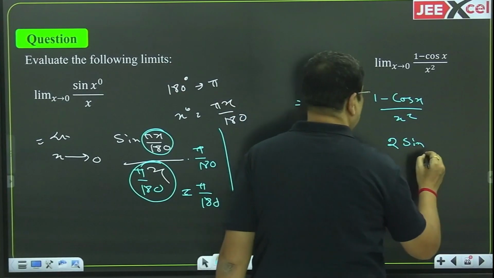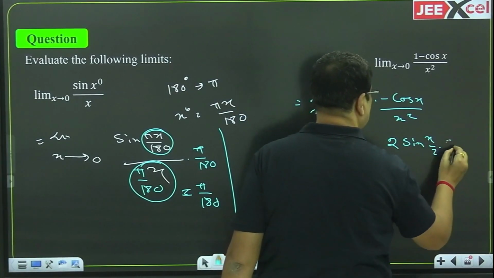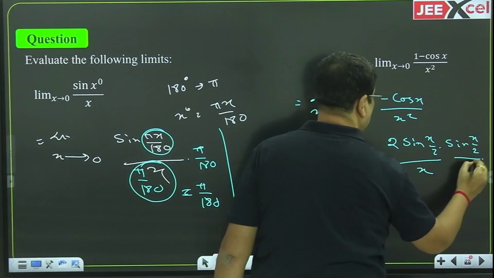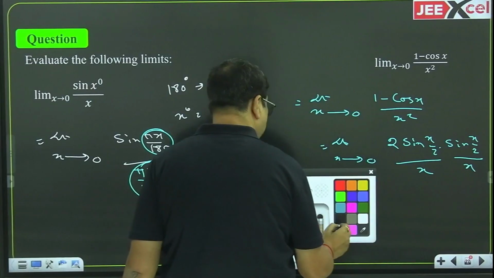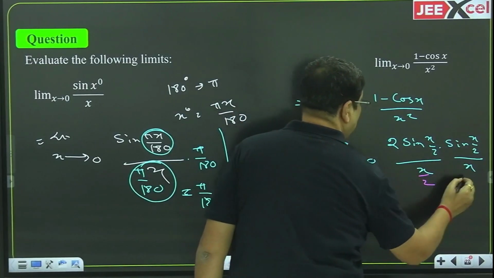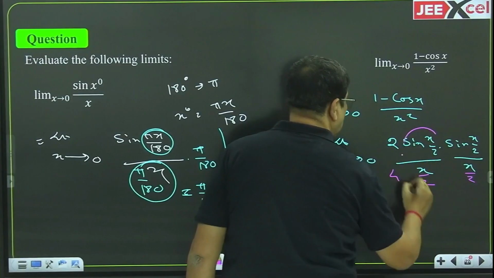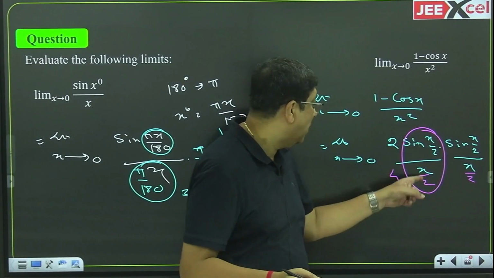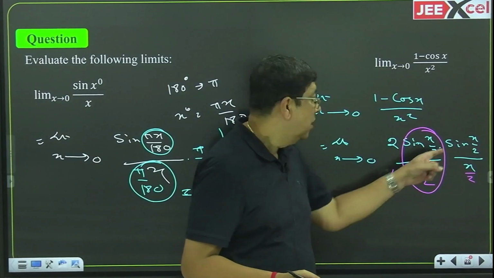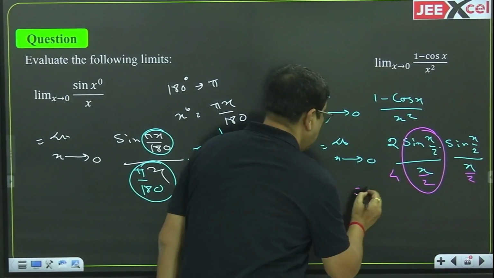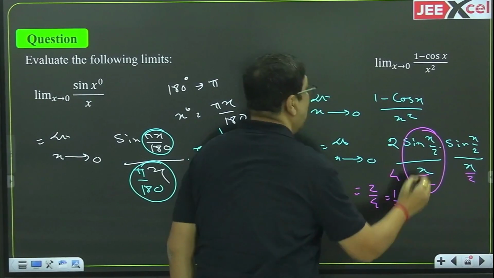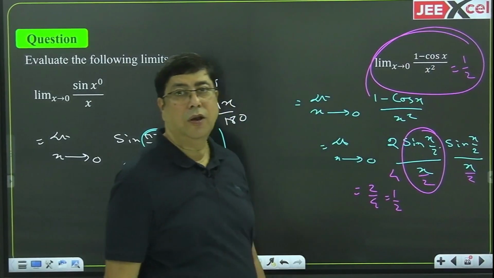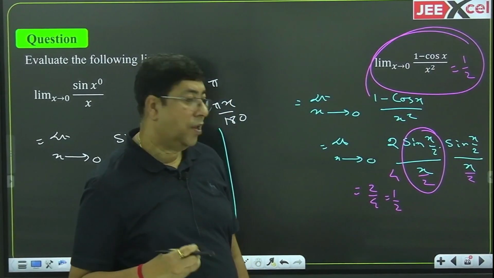So I am writing here 2 sin square x by 2 over x square, and once again the same thing: x by 2, 1/4. If x is 0, x by 2 is also 0. So sin x by x, by the formula, is 1. This is also 1. So answer is coming 2/4, that is half. Everybody, learn this like a formula. This will be required continuously.